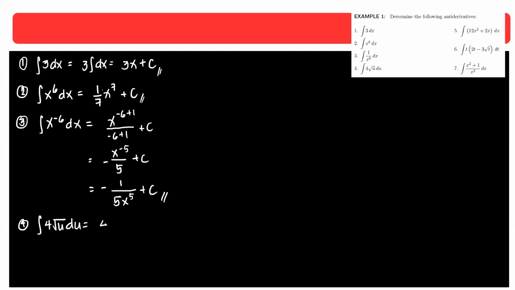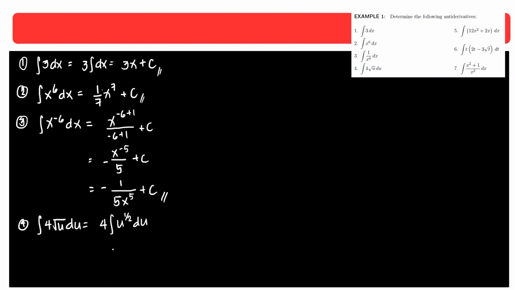Maybe we can move out the 4. We don't need that. The square root of u, we can write that as u to the 1/2 du, because there's no rule stating that we cannot have any fractional exponents. For the powers, we can have any power so long as it's not -1. Okay?